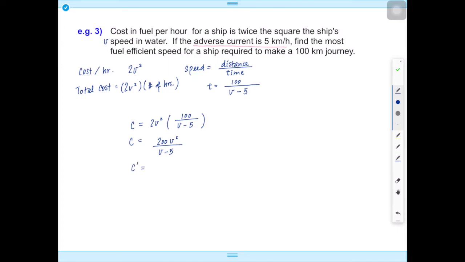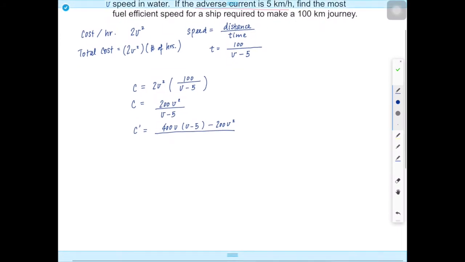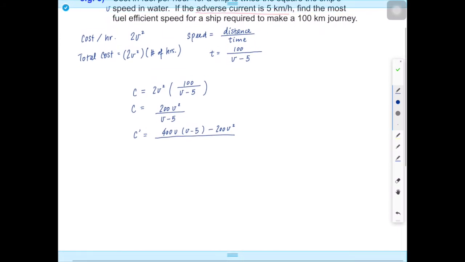So take the derivative of the top part, 400v, times the function in the denominator, v minus 5, minus the derivative of the function in the denominator, which is just v minus 5, derivative is 1, 200v squared multiplied by that original. And then this whole thing divided by the square of v minus 5.